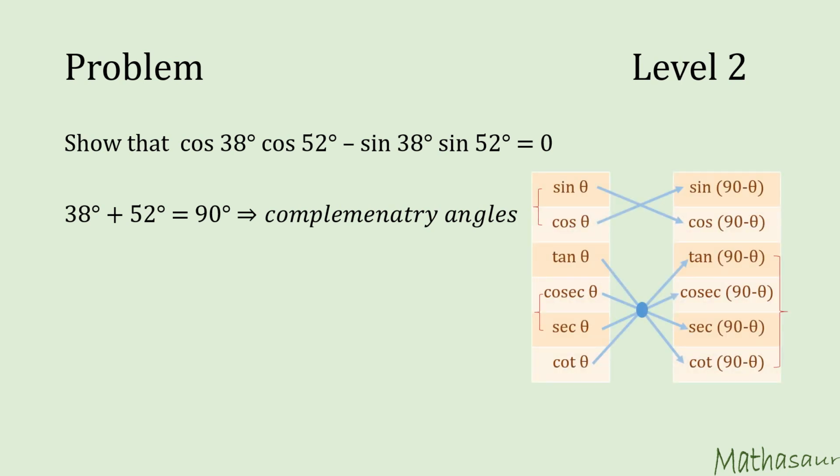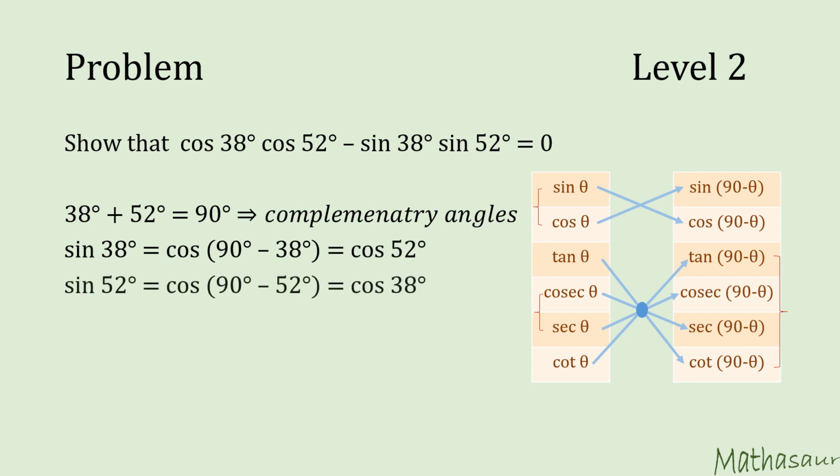Once again, let us look at the interchange in trigonometric ratios for complementary angles. So we see that sin 38 would be equal to cos of 90 minus 38, which would be equal to cos 52. Similarly, sin 52 would be equal to cos of 90 minus 52 or cos of 38 degrees.